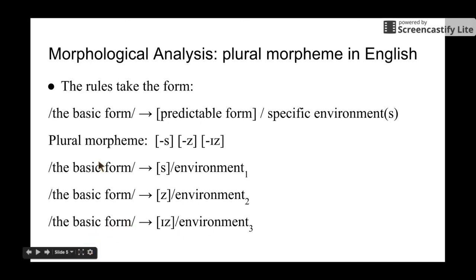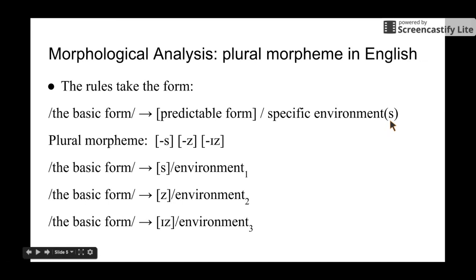Okay, now we can try to analyze the plural morpheme in English. We can try to derive the three alternations, the three allomorphs of the plural morpheme. Remember that when we tried to derive the allophones in phonology, we were using formal rules, right? We have the basic form, and it becomes some predictable form in a specific environment.